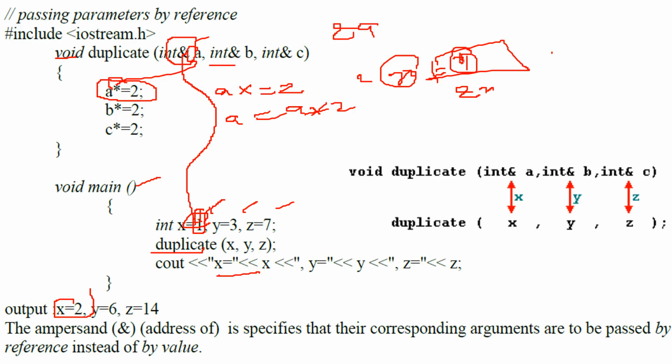So this value will become 2, and when you print x, x now has value 2. So the ampersand, the address of operator, specifies that the corresponding arguments are to be passed by reference, not by value. So this is how it is done. This duplicate x, the actual parameter, goes to a, y goes to b, and z goes to c.